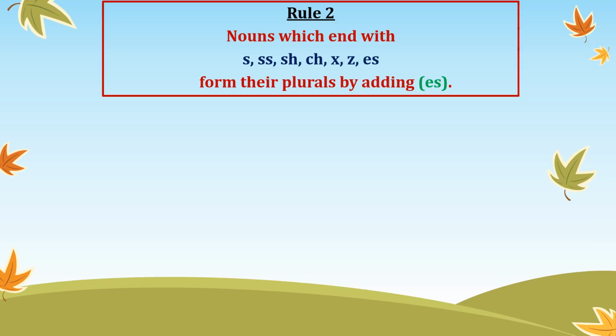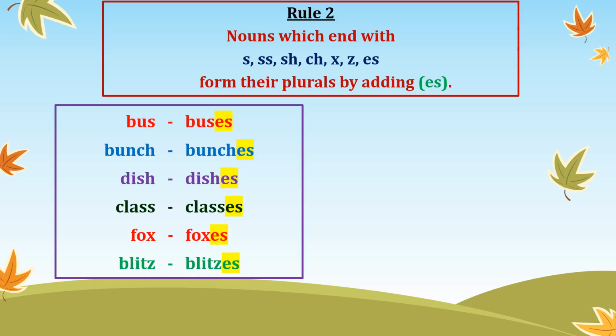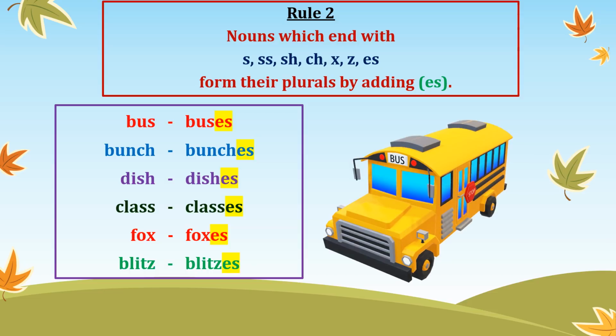Now we are not just adding s, we will add es if the noun ends with any of these letters. Let us see a few examples for this. The first one is bus. This word is ending with s. So we will have to add es to make it plural. So bus will become buses.